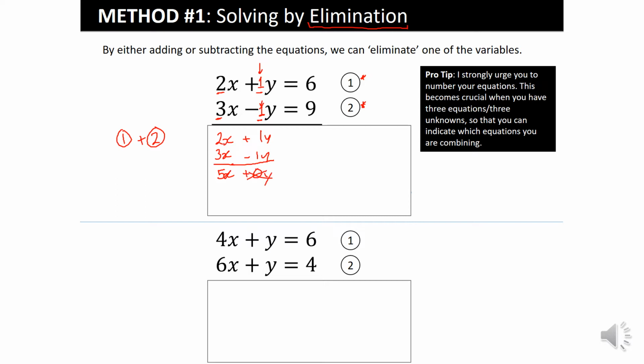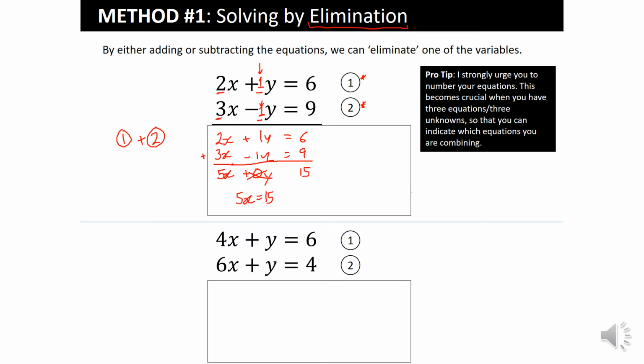So we can just cancel that, because that is plus y add minus y. So I'll put that out here so we know what we're doing. So we've cancelled out the y's now. And then to get what's on the right hand side, so we've added the two equations, so do 6 add 9, which is 15. So what we've got after doing our first step, we've got 5x equals 15.